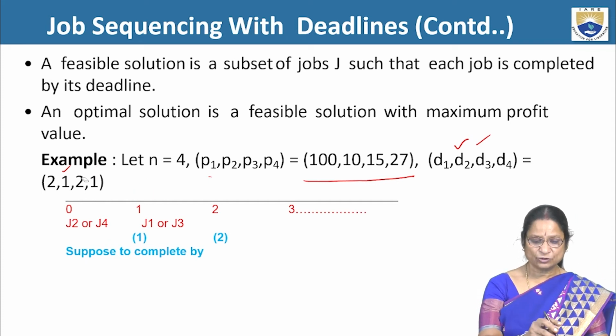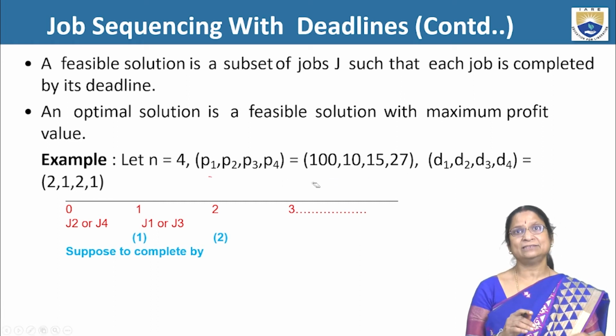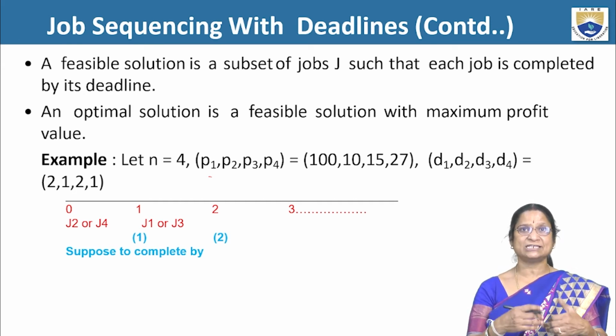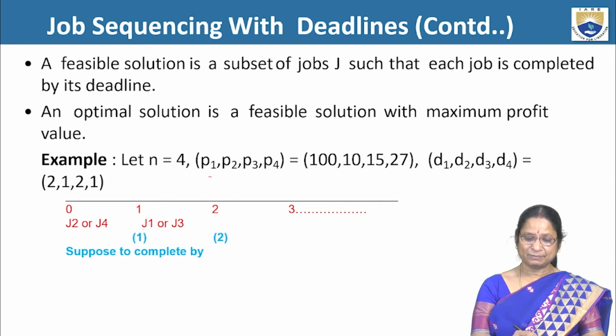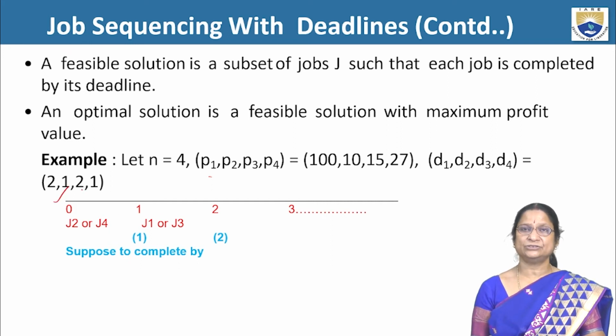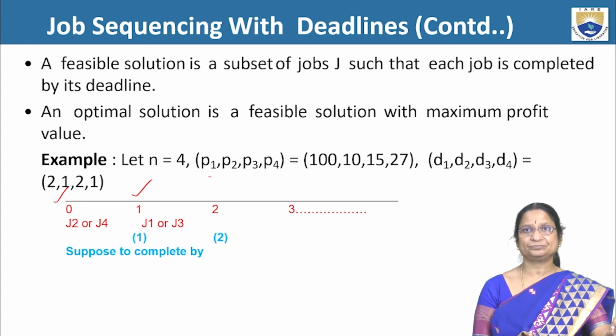So please observe that the deadline means the machine deadline. By the time the machine reaches the deadline, our job must be completed before that so that the respective profit is earned. Otherwise, it's not possible. So at the starting time, we can start either job 2 or job 4, and at 1 unit of time, we can start either 1 or 3.